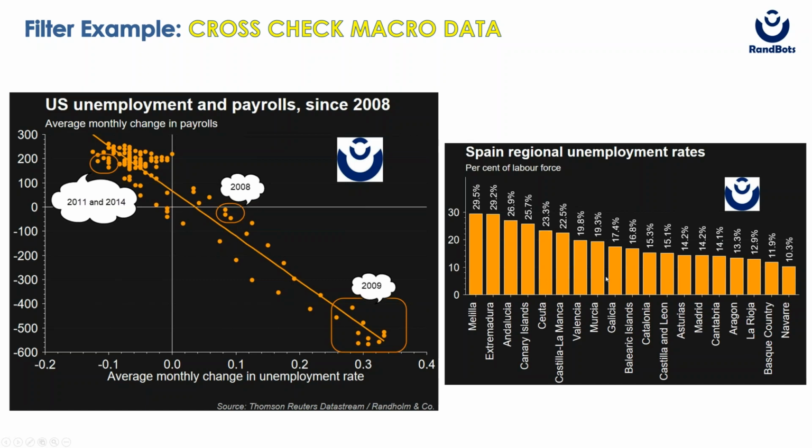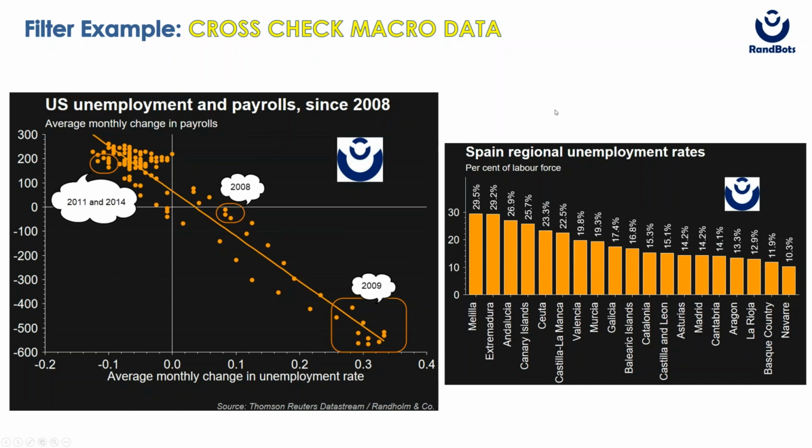To do this manually would take a lot of time, and I don't know if you have that, but if you compute, for example, when Madrid increases unemployment versus the Canary Islands historically, and the percentages, it can give you a nice expectation that the outcome of the Spanish economy might be different if the unemployment increases in the Canary Islands versus in Madrid, or if the unemployment increases in Madrid versus other regions in Spain.